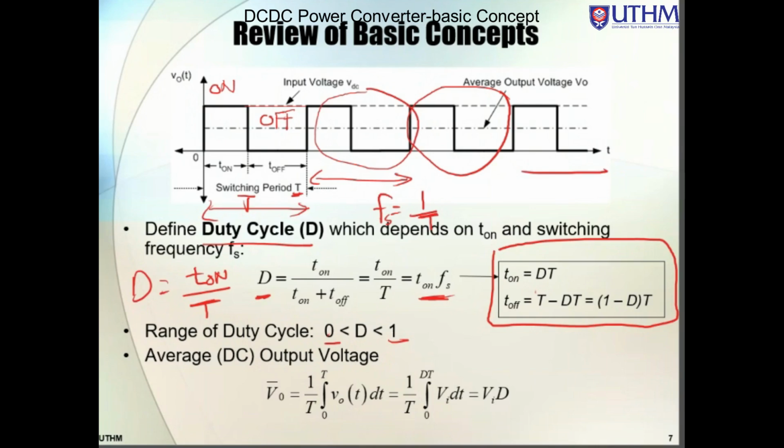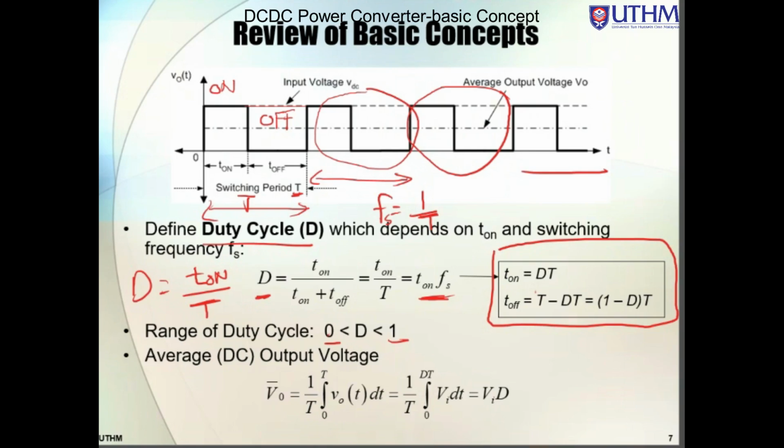But usually when we design our DC-DC converter, it needs a specific value, and normally we're not going into the 90% to 100% range. Usually we operate maybe 30% to 60 or 70%, something like that.